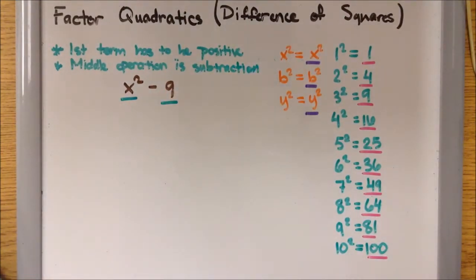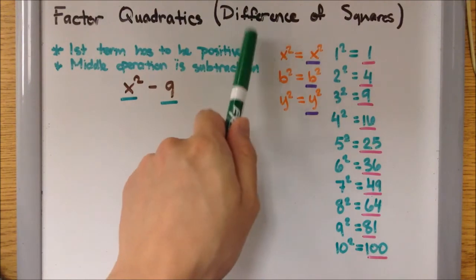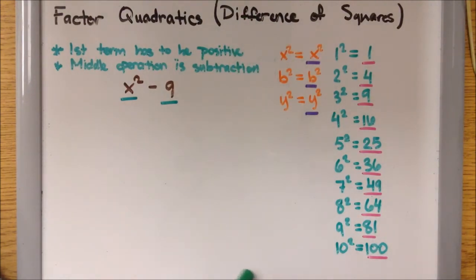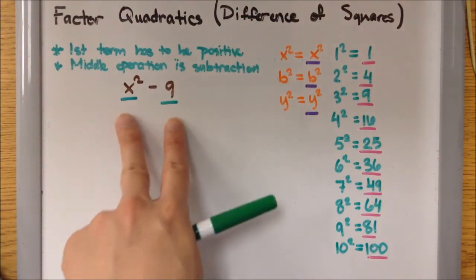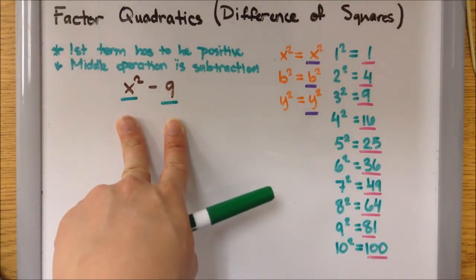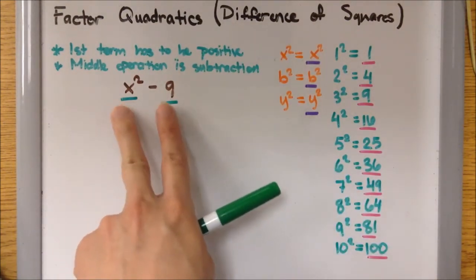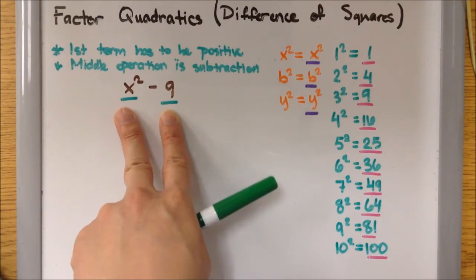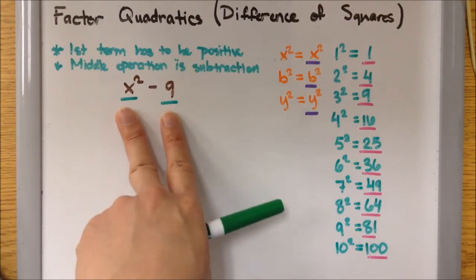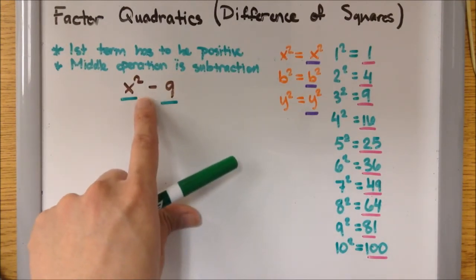Difference, if we tie it into operation, means minus or subtraction. So this process only works when it's two perfect squares, as established earlier, and it's a minus in the middle.